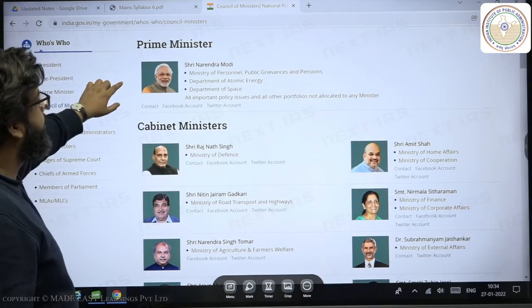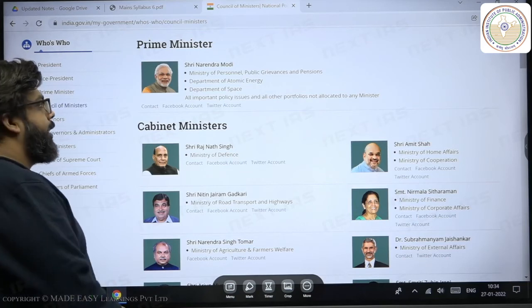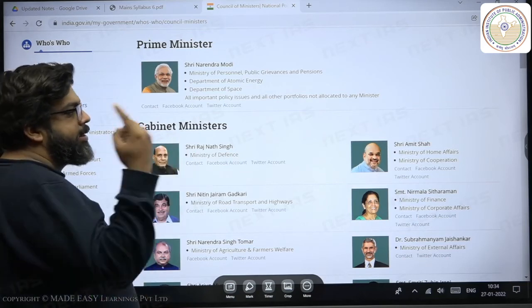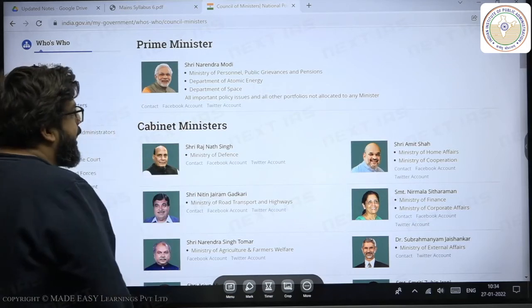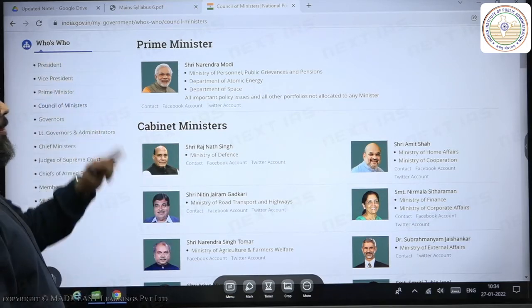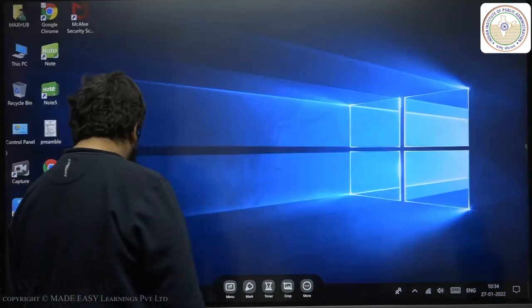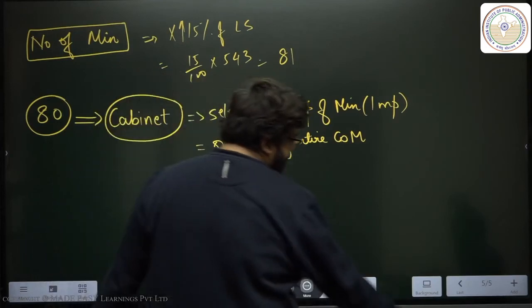Now see the kind of ministries our Prime Minister is currently holding. He is the Prime Minister of India, which means he is the head of all the ministries, and he also is in charge of 3 specific ministries or 3 specific departments. So what you must understand is, this is how it looks.